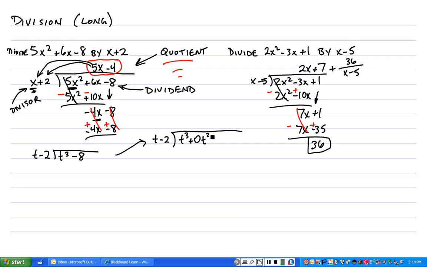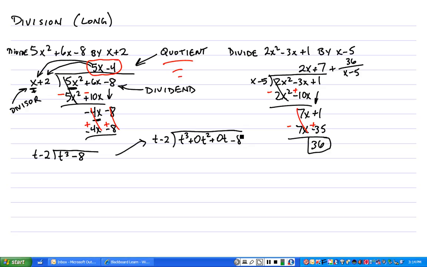The reason I wrote 0t squared is because there are no t squares, but at least this gives me the opportunity to write out this place for my t squares. Now I don't have any t's, so I would write 0t. Now t to the third, t to the second, t to the first, t to the 0 are just our constants, and we have our constant in our problem, which was minus 8.